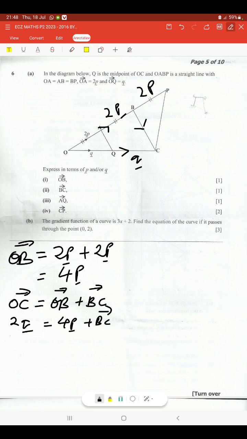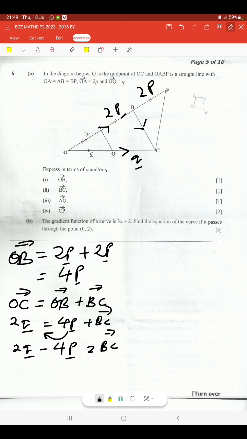So when we take this to this side, we are going to have 2Q minus 4P equating vector BC.